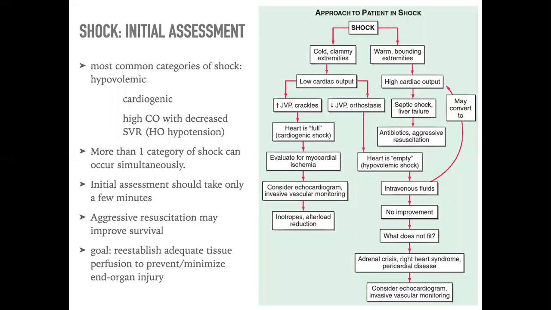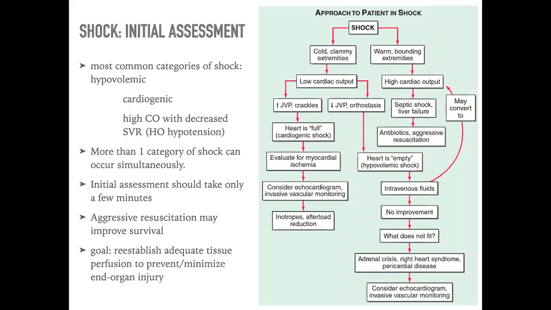When you assess the patient, you have to remember that the most common categories of shock would be hypovolemic shock, cardiogenic shock, or the high output with decreased systemic vascular resistance, or the high output hypotension.